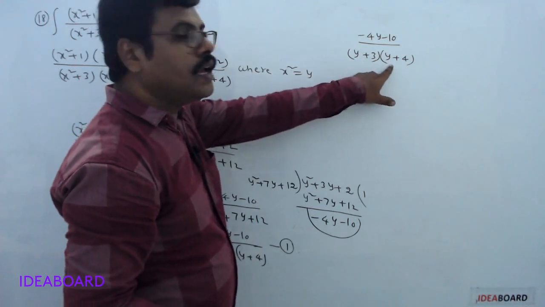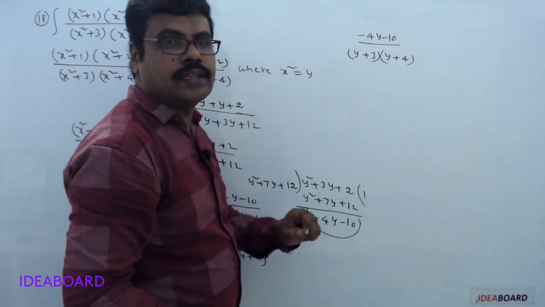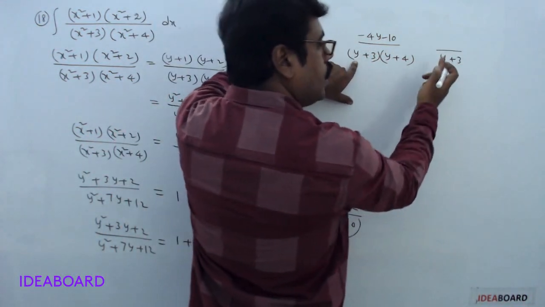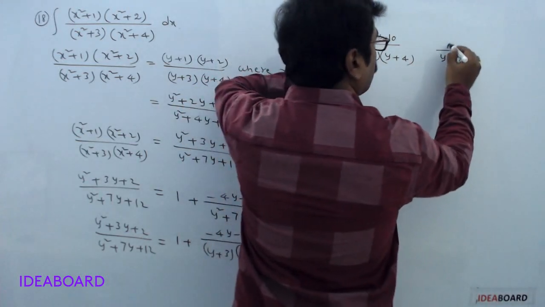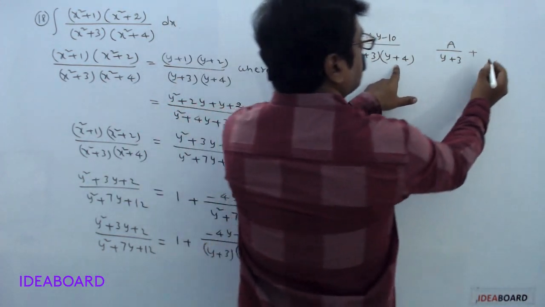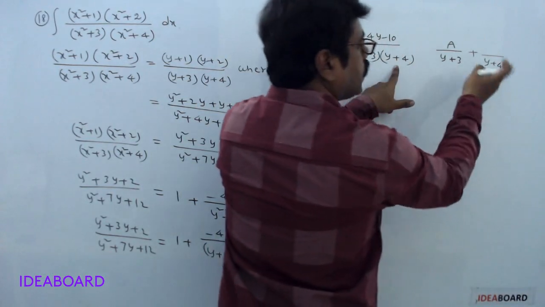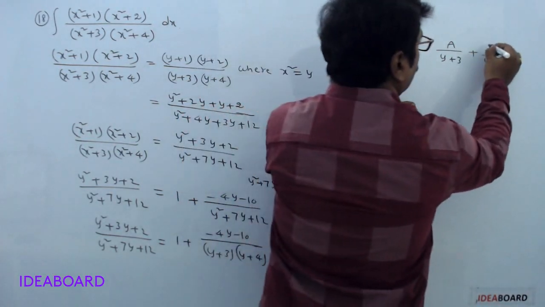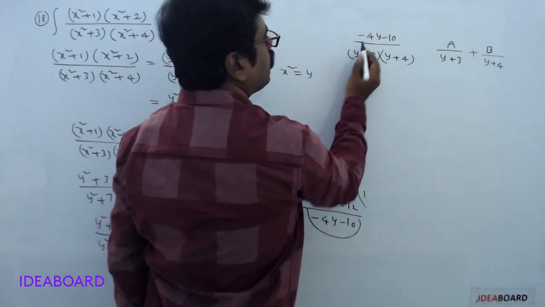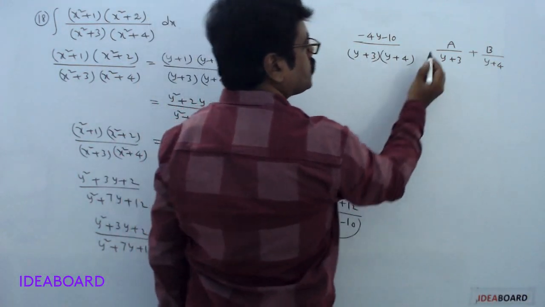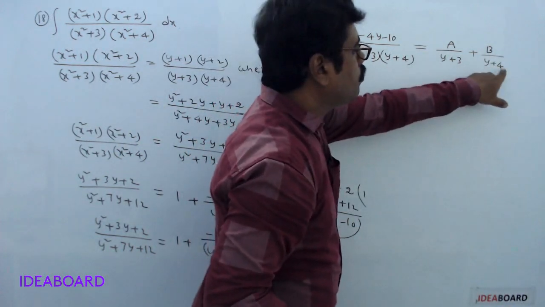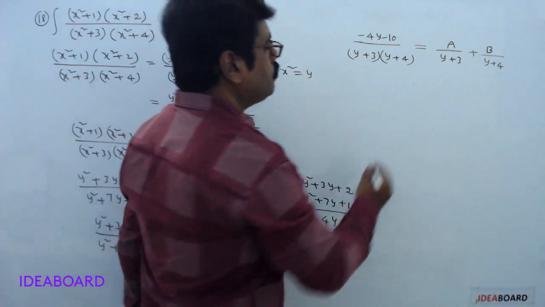Here, the denominator contains non-repeated linear factors. So corresponding to every non-repeated linear factor, there exists a constant in its numerator. Take that constant as a for y plus 3, and b for y plus 4. So (minus 4y minus 10) divided by (y plus 3)(y plus 4) can be written as a divided by y plus 3 plus b divided by y plus 4. Now take the LCM.